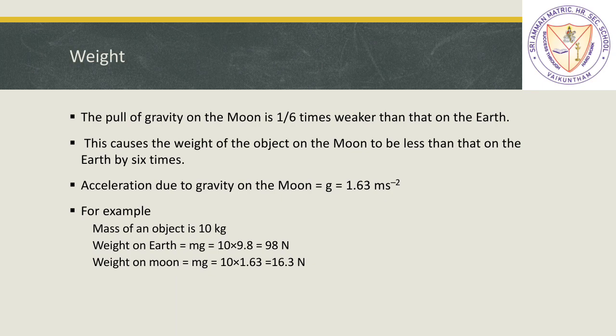Therefore 10 into 1.63 will give you 16.3 newtons. So if you see, the weight on Earth is 6 times more than the weight on the moon. The object is same, mass is same, but the weight is different at different places.